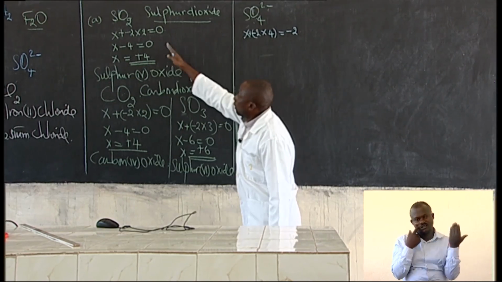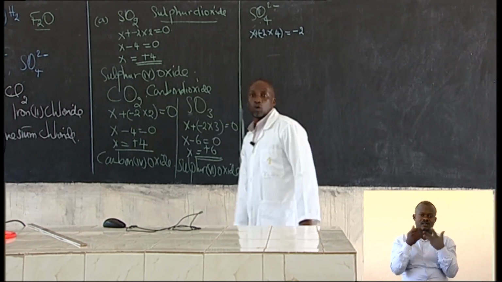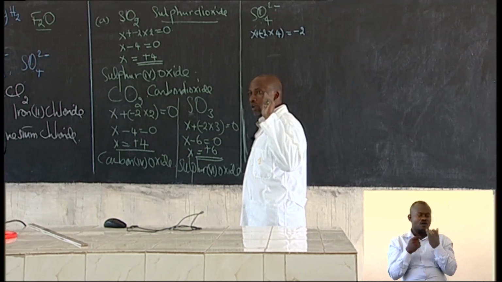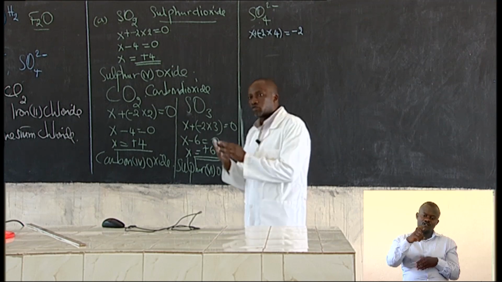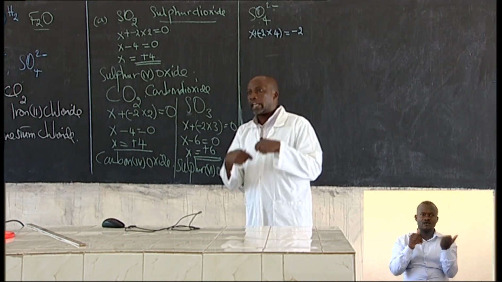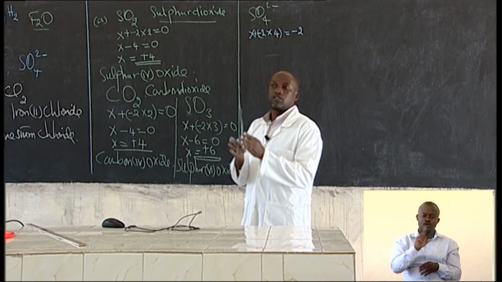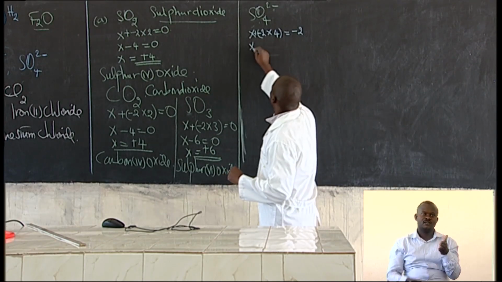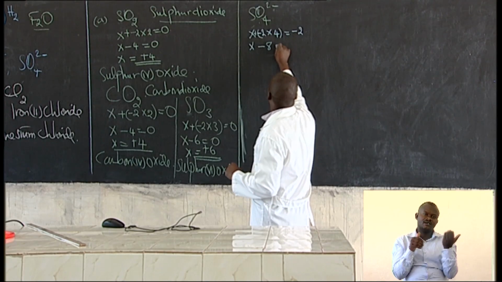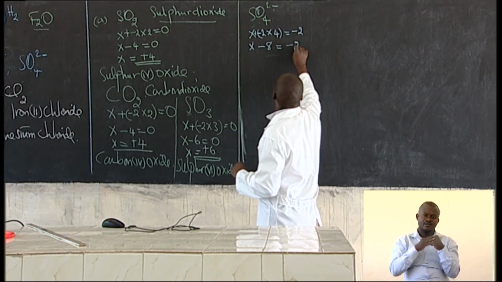We were looking at neutral compounds before. The rule that we have said is that the sum of the oxidation numbers of atoms in a polyatomic ion is equivalent to the number of charges. This is X minus 8, which will be equal to -2.